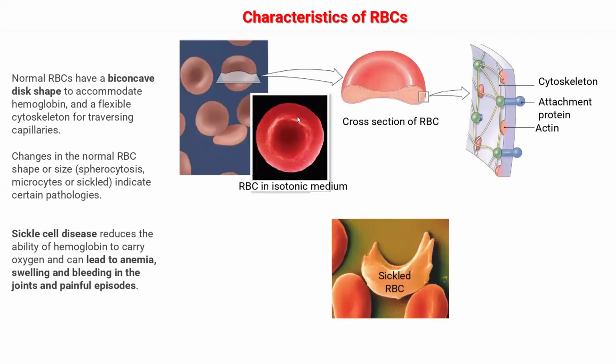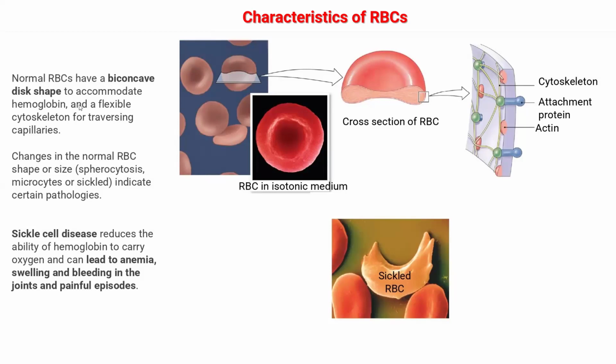What are the characteristics of RBCs or red blood cells? Normal RBCs have a biconcave disc shape, okay, like this, biconcave disc shape, to accommodate hemoglobin, and a flexible cytoskeleton.